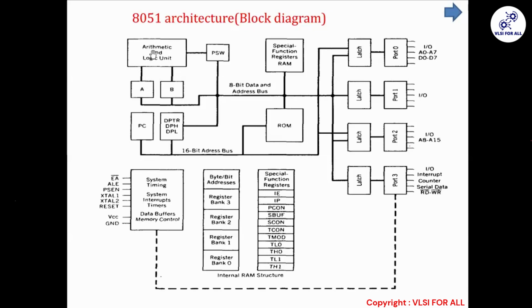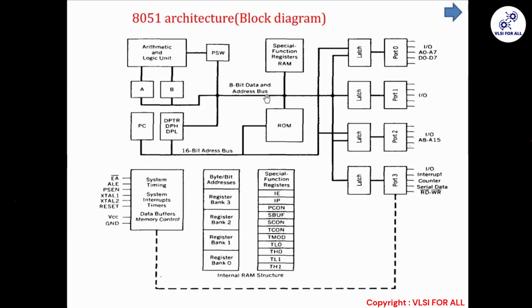If a carry is generated, where does it go? To the program status word. For the carry, there is 1 bit which will be set high in the program status word. So we got the answer in A. That answer, depending on the requirement of the program, can be saved to some register, and we can go for the next instruction. That is how the working happens.